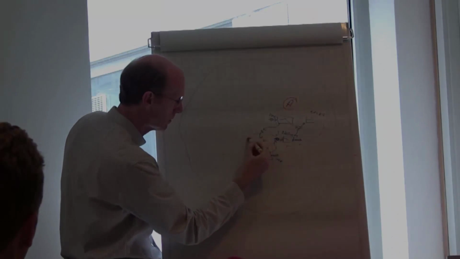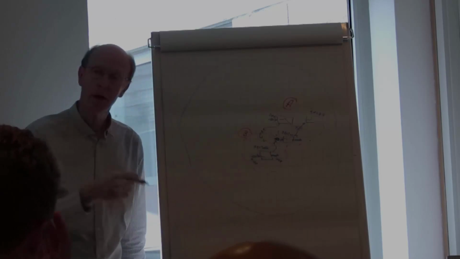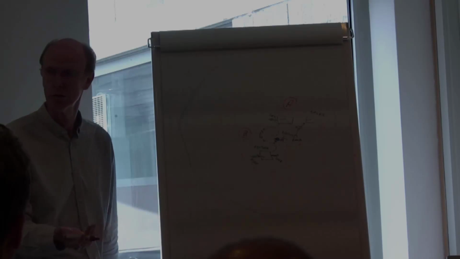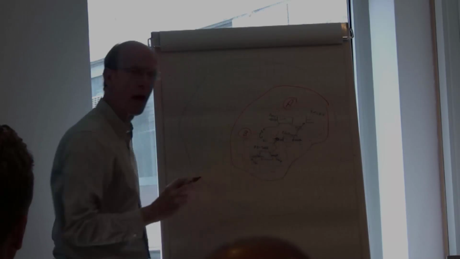This bit here is going round the process the second time. But if I now decide I've answered the problem, I don't have any more questions, there is the boundary of my answer.